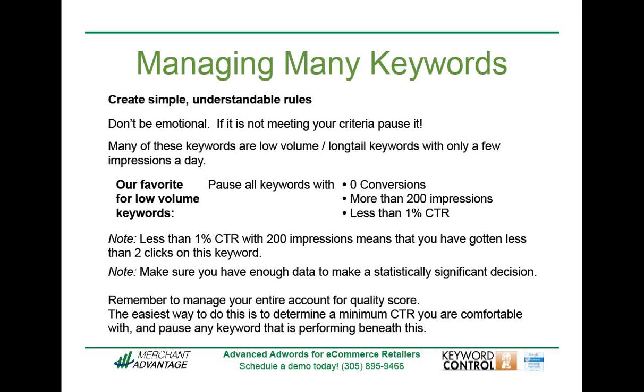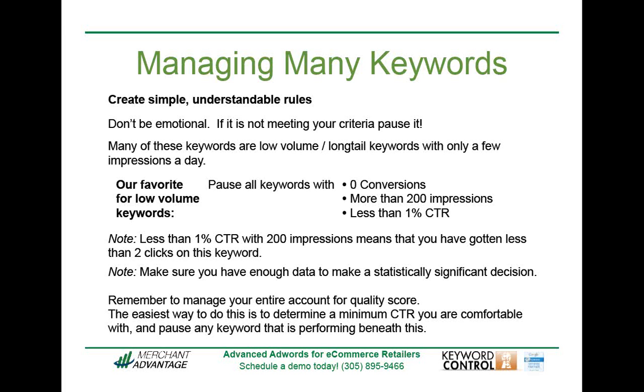One of the ways that we like managing it is we essentially give a keyword a chance. We give it a 200 impression budget. And if at the end of those 200 impressions we haven't seen 2 clicks on that keyword, we just say, hey, those 200 impressions were a waste. Let's pause this keyword. And since we have so many keywords, we essentially are taking those impressions and reallocating them to other keywords.